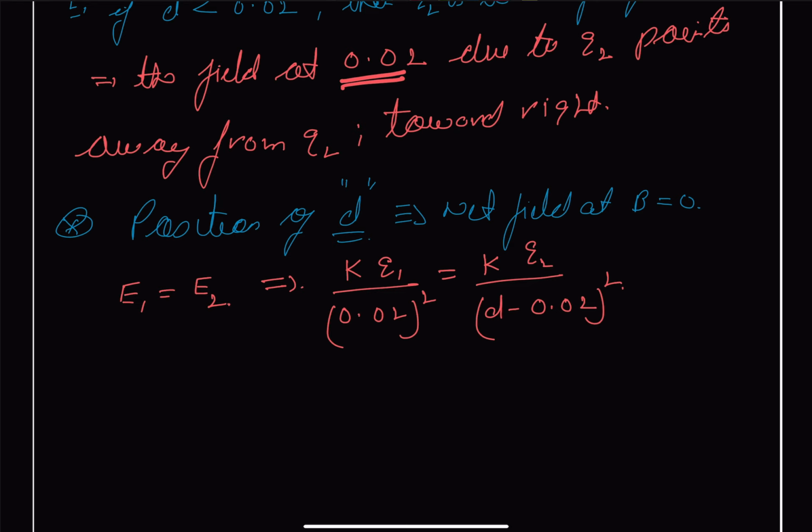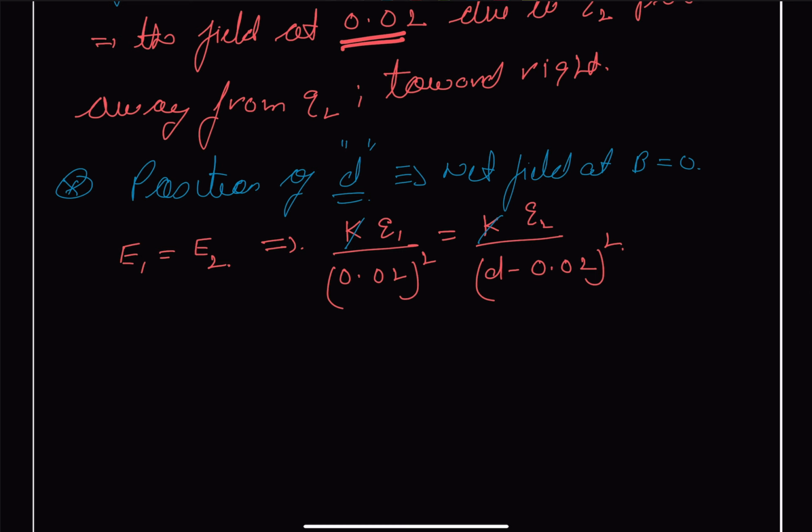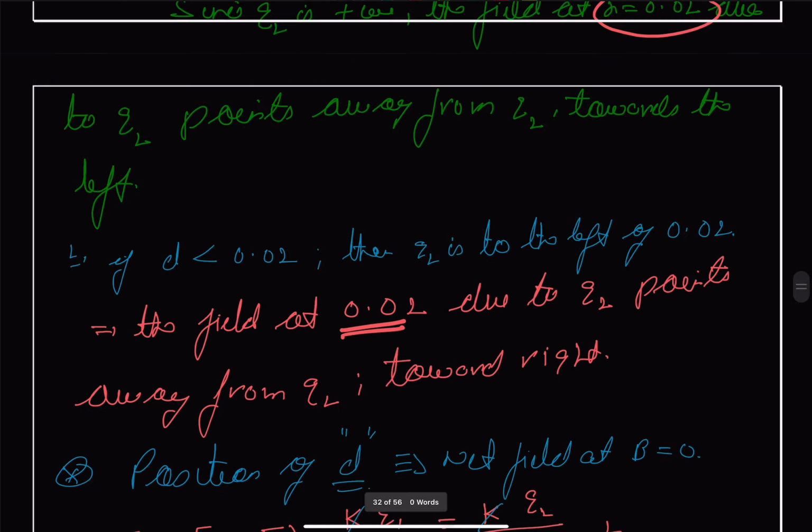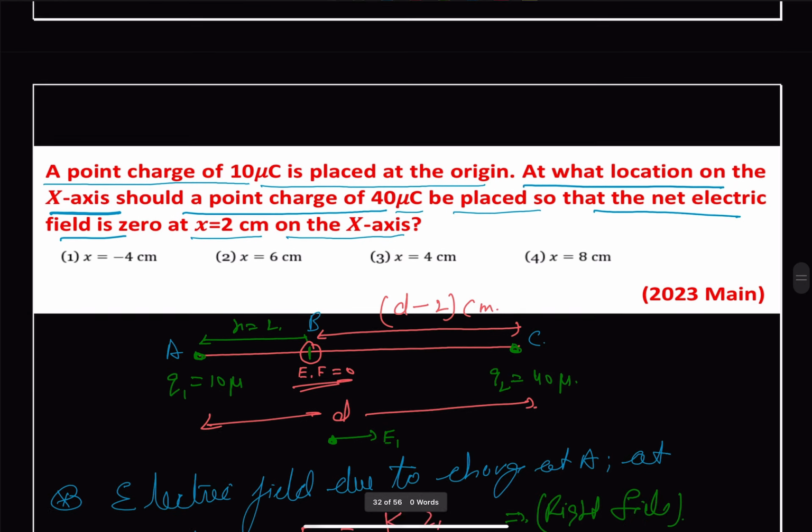K and K go away, and Q1 and Q2 are given to us as 10 and 40 microcoulomb.